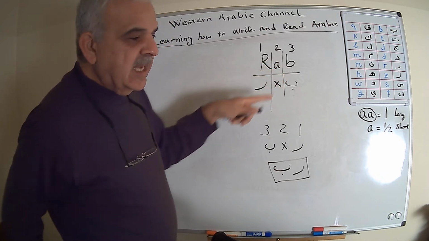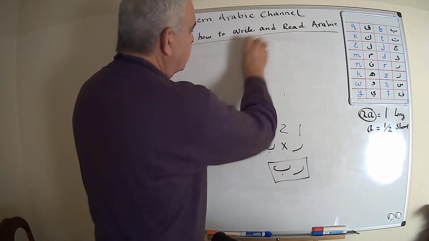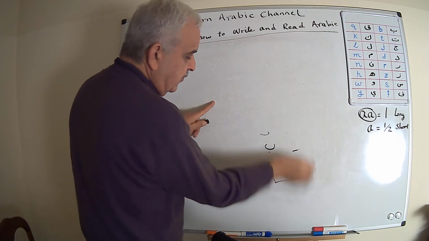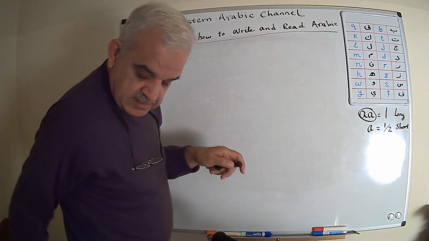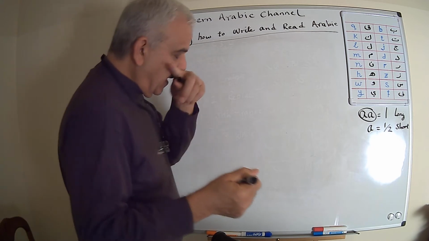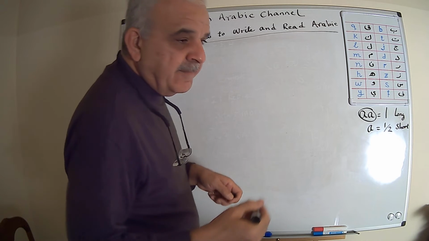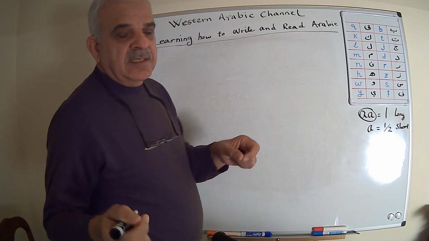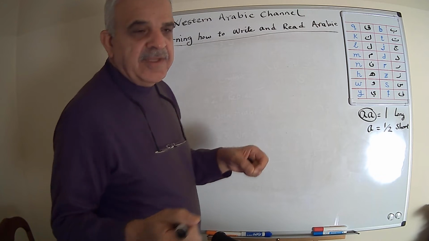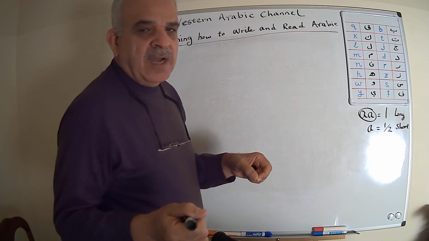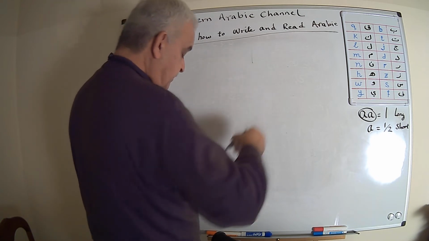Let's take a longer word in Arabic and see how we convert the letters into English, how we write it in English, then how we convert the English letters into Arabic. There is a girl name in Arabic, Rana, and there is another girl named Rana.